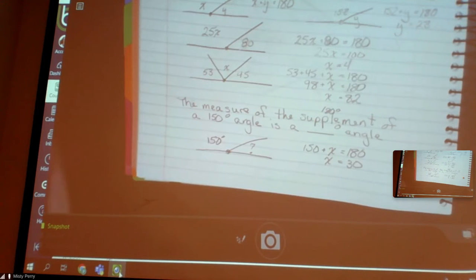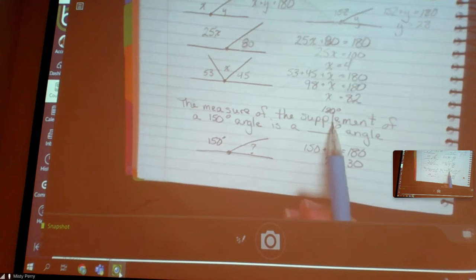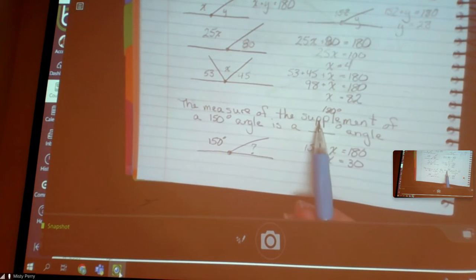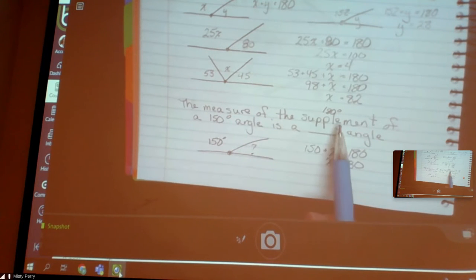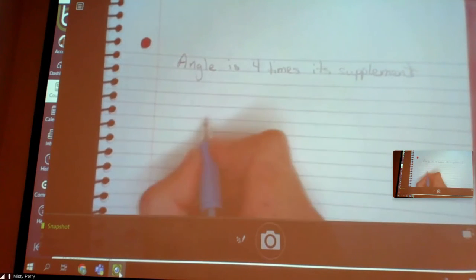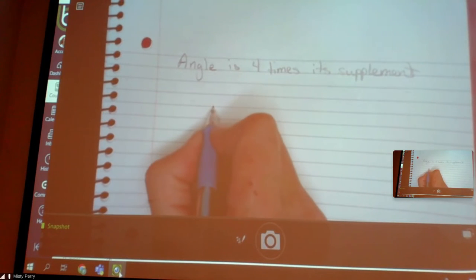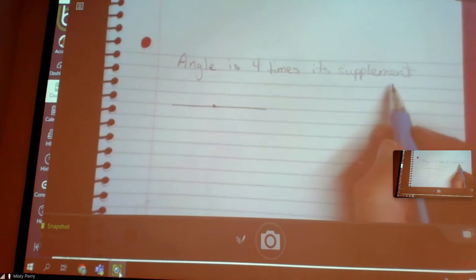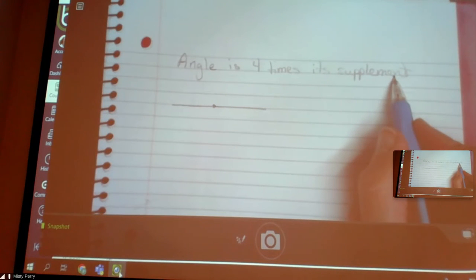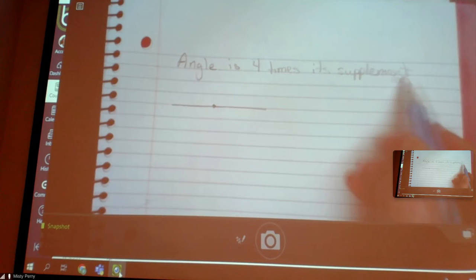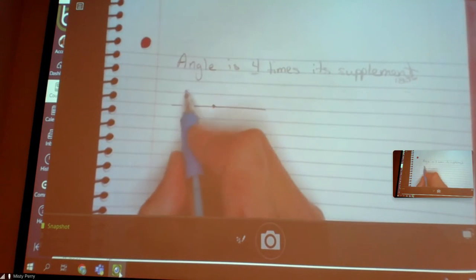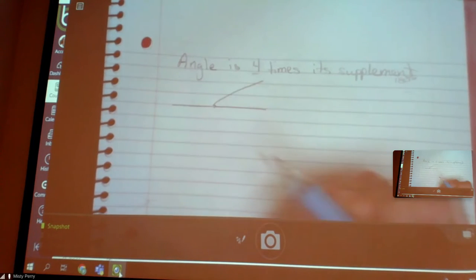You just need to remember, if you are doing supplement, it's 180. If it asks you the measure of the complementary of an angle, that is 90. Okay, so this means I am going to have a 180 angle because it's a supplement, 180 degrees. 4 times, so I know I'm going to have one angle that's 4 times as big as the other one.